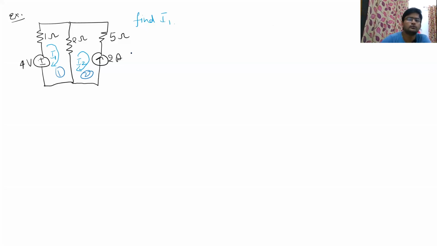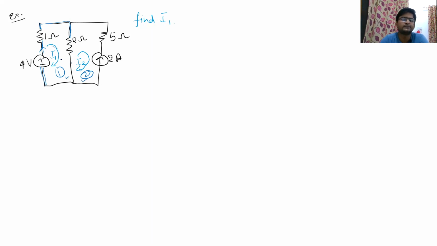Now by directly seeing, you see that for this particular loop, this branch is single, independent. So this current value I1 will be flowing through this branch, as you have assumed. But you see that this branch is common between mesh 1 and mesh 2.